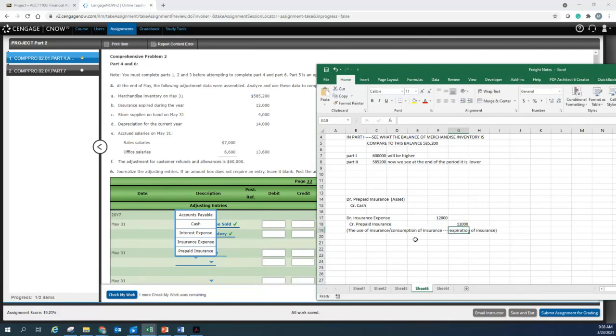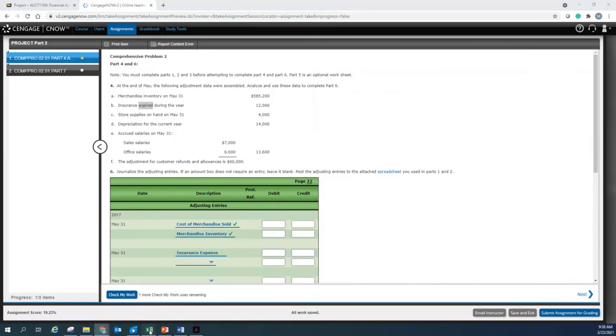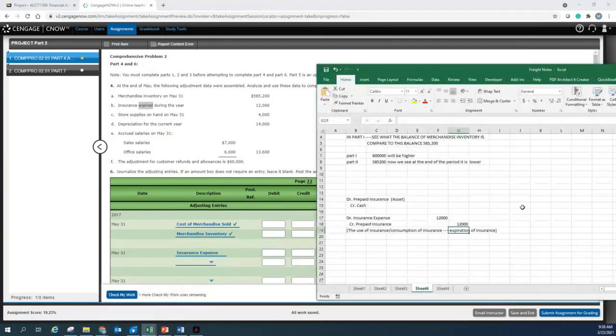Okay. Now, here it tells you how much was used, but remember that other times they might tell you, for example, just an example, hypothetical amount, prepaid insurance was purchased for 10,000.